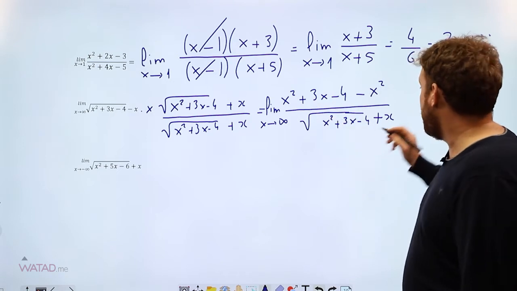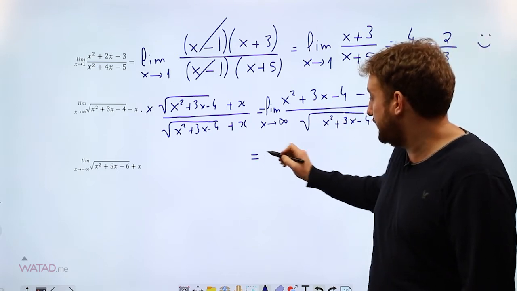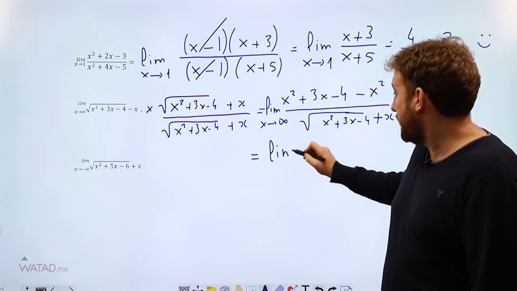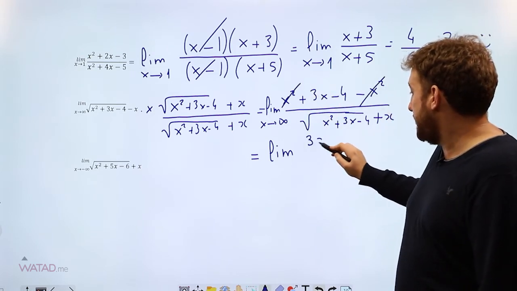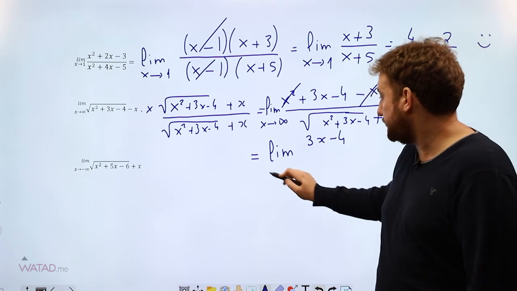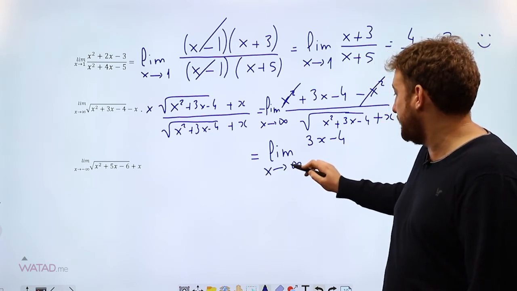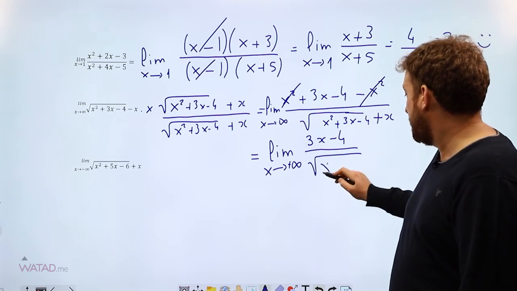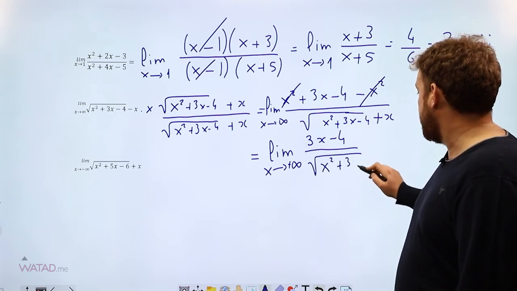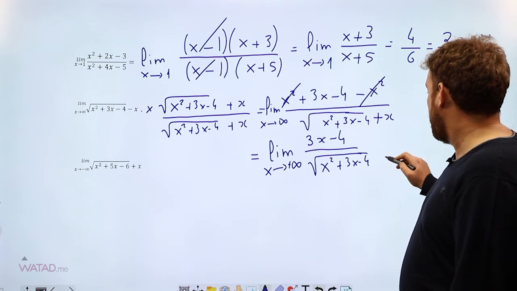Now, on the numerator, we're going to have the limit of x squared and x squared will cancel. 3x minus 4 as x goes to positive infinity over the radical of x squared plus 3x minus 4 plus x.